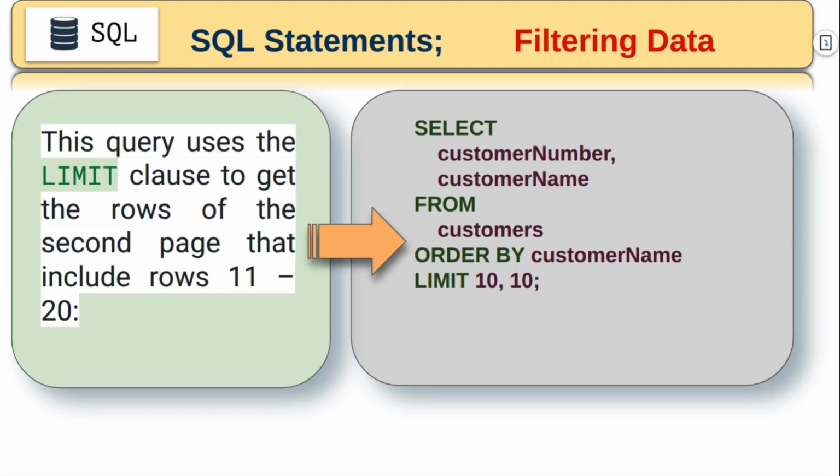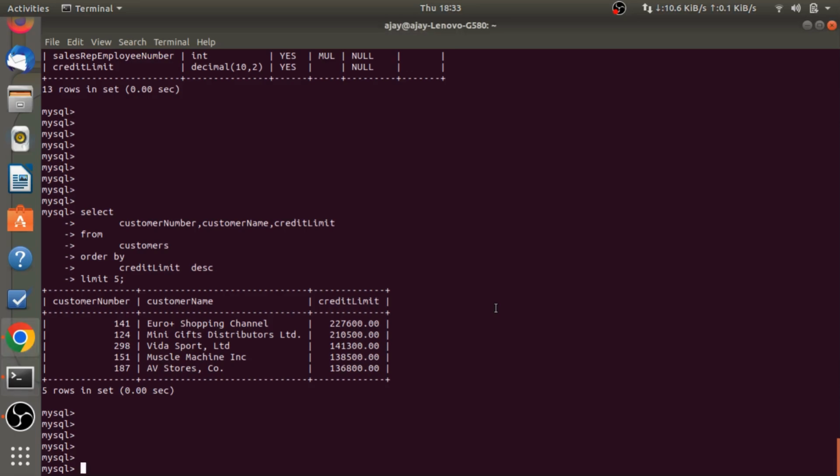That means we have to write the offset as 11 minus 1, because it starts with 0 offset. So the offset for the 11th row will be 11 minus 1, that means 10. Now let's try this query.